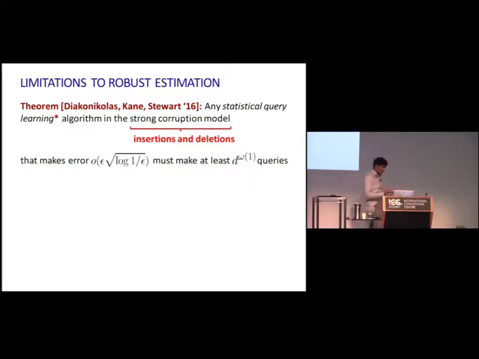But remember, things like the Tukey median get O of epsilon without any extra logarithmic terms. So there's still some room in here, whether or not we can get even better robust estimators in high dimensions, when we can remove this logarithmic dependence on epsilon, which might or might not be necessary. It turns out there are some limitations to doing that.